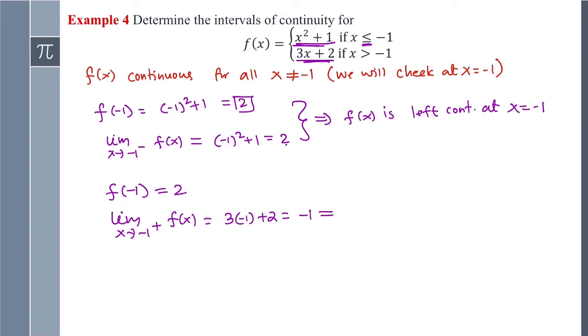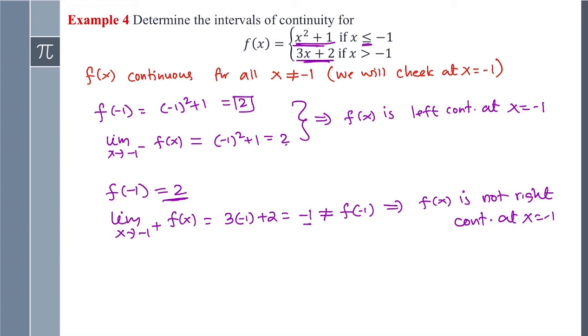And this is not equal to the value of the function, because the value of the function is 2, but the limit is -1. So this implies that f of x is not right continuous at x equals -1. So it is left continuous at x equals -1, but it's not right continuous at x equals -1.